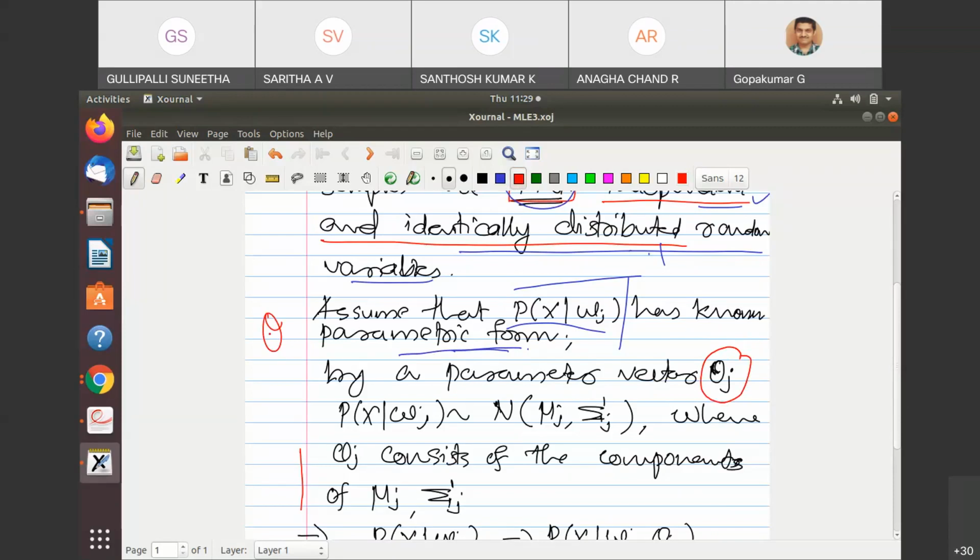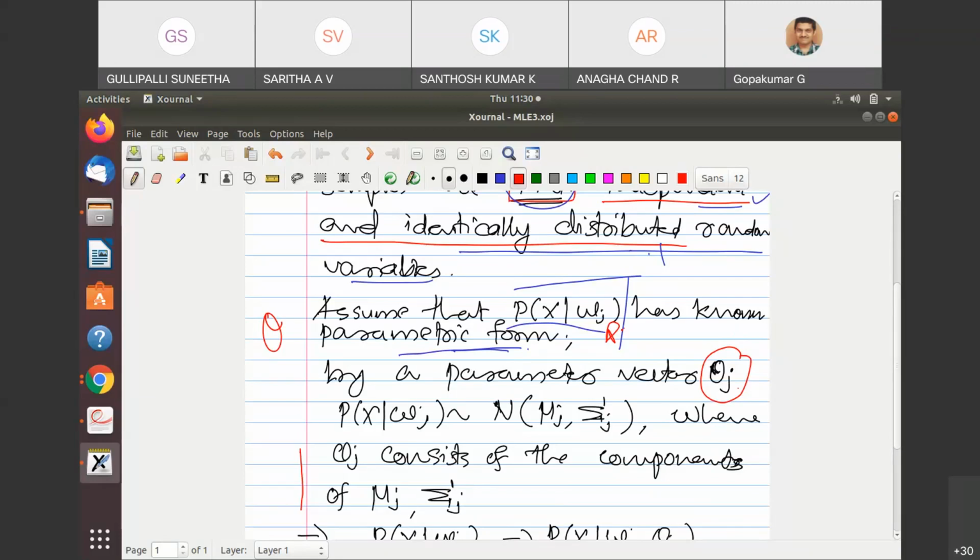We are representing a set of the parameters. Theta j corresponds to wj. Similarly, you can have theta 1, theta 2, etc. up to theta c, so that is for each of the classes. For each of the classes, we will have a set of parameters.